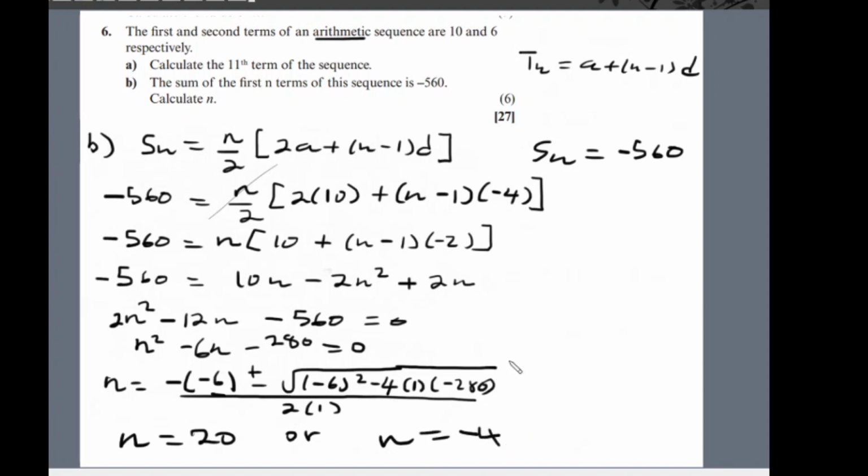So minus 14. Because we are counting the number of terms, n has to be greater than 0, right? So n has to be positive. Therefore, n should be equals to 20.